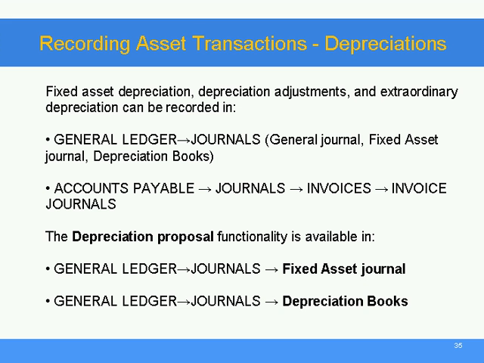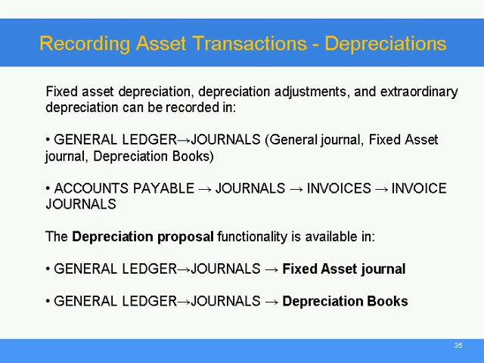Recording asset transaction depreciation. Fixed asset depreciation adjustments and extraordinary depreciation can be recorded in general ledger journal, fixed asset journal, depreciation books, and accounts payable journals, invoices, invoice journals.